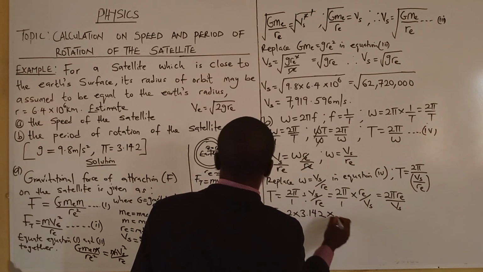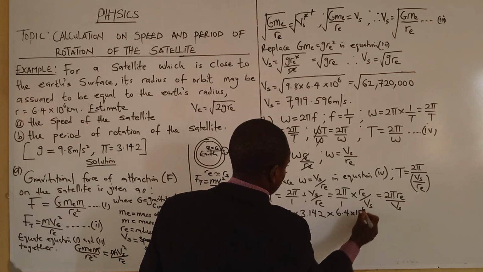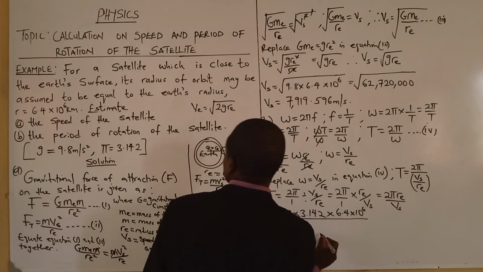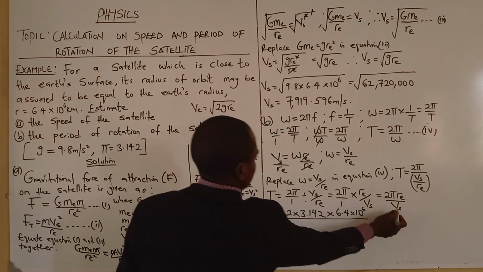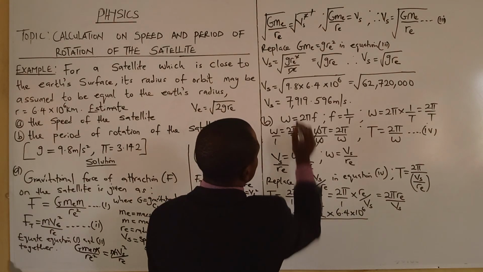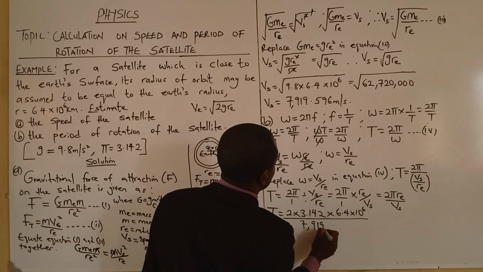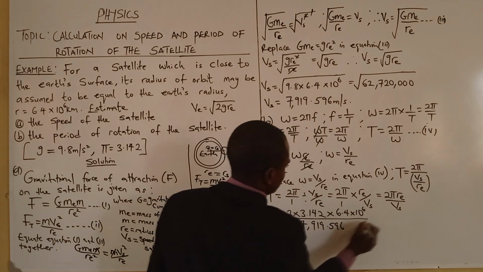Giving us 3.142. Radius of the Earth, 6.4 times 10 to the power 6, divided by the velocity of the satellite, or the speed of the satellite, which we got as 7,919.596.